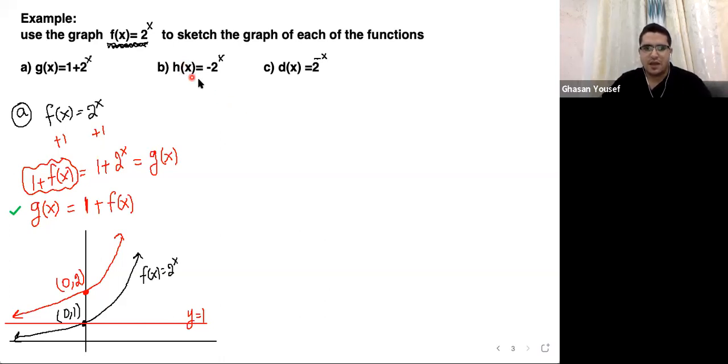Okay, for part B, h of x equal minus 2 to the power x. For the x here, first of all, you have to know what is your original function. My original function is given, f of x equal... for the second one, the original function is given. What's the original function?